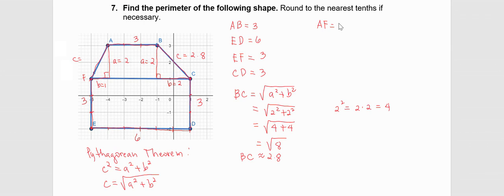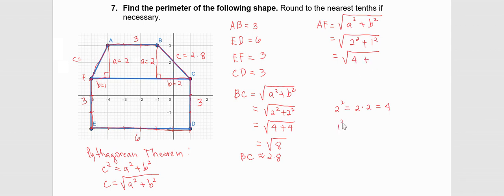So the length of line segment AF using the Pythagorean theorem in this triangle is the square root of A squared plus B squared. By substitution, A squared becomes 2 squared, B squared becomes 1 squared. Simplify, 2 squared is 4.